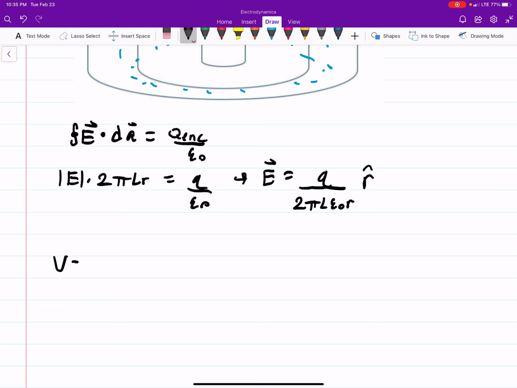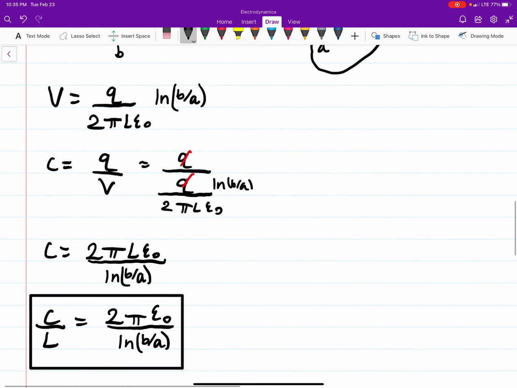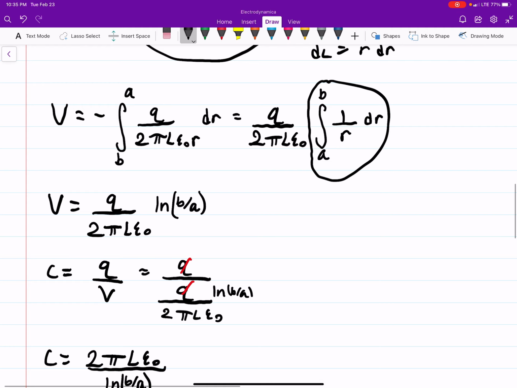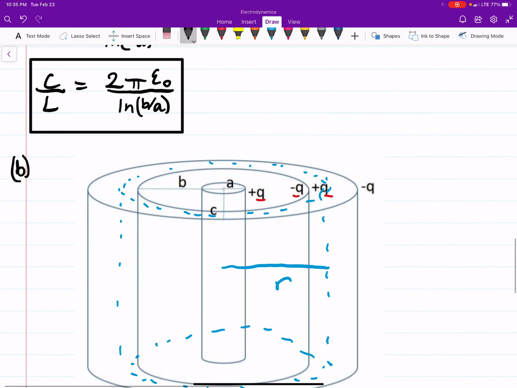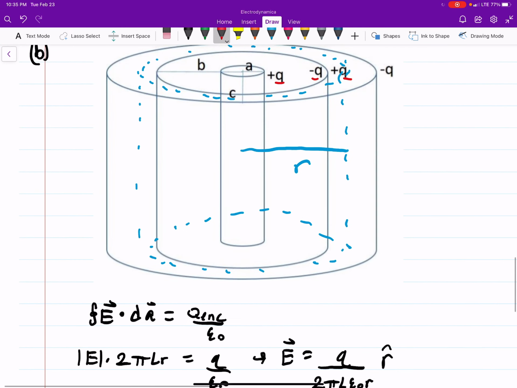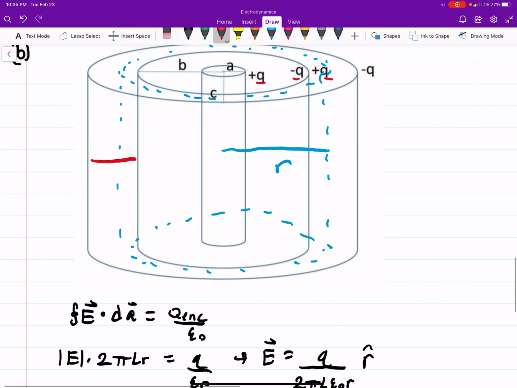The only difference is when we integrate. We have the same E field, so it's the same integral. The only difference is instead of going from B to A, it'll be C to B. So that's the only difference in this problem, we're going from here to here.